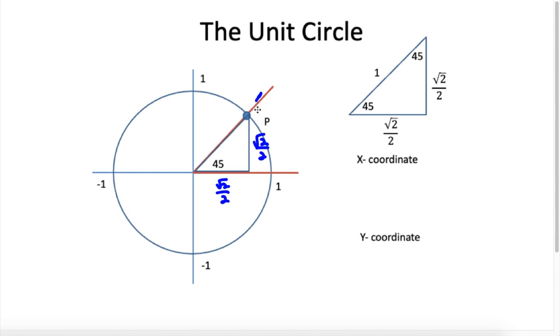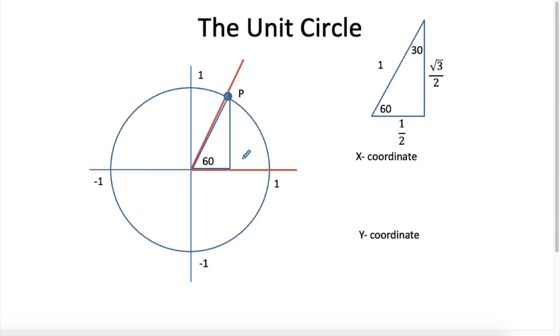The actual coordinate point here would be square root of 2 over 2, square root of 2 over 2. And again, the reason that's significant is because we can now say the sine of 45, opposite over hypotenuse, would just be square root of 2 over 2, and actually the same with cosine. The cosine of 45 would be square root of 2 over 1. Then the final one that we're going to look at is a 30, 60, 90, but with the 60-degree angle down here.